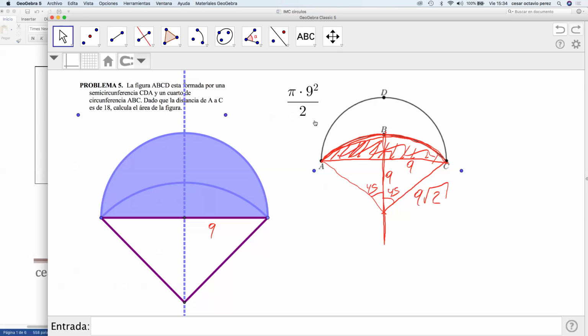Okay? Sí. So we need a quarter of this circle. Yes. Pi por radio al cuadrado entre 4 minus this triangle.